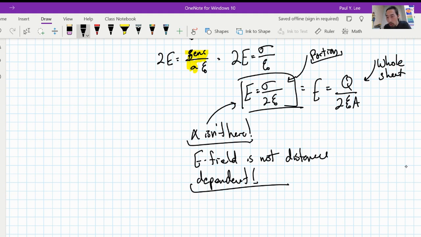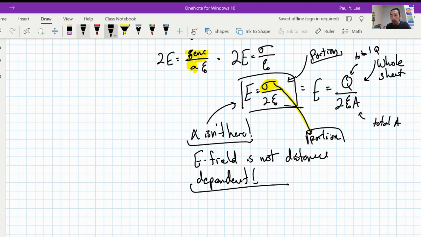Because this is taking a look at the total charge. This is total Q, and this is total area. But here, this sigma is showing us a portion. Okay. This is for the ratio.